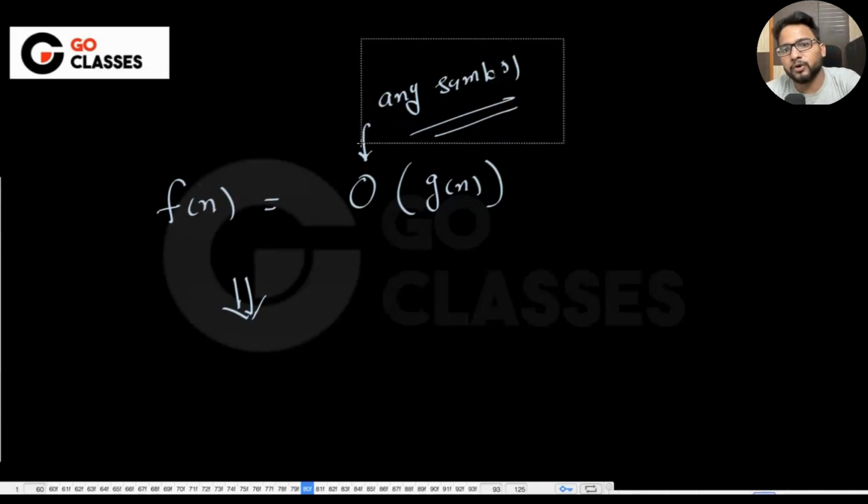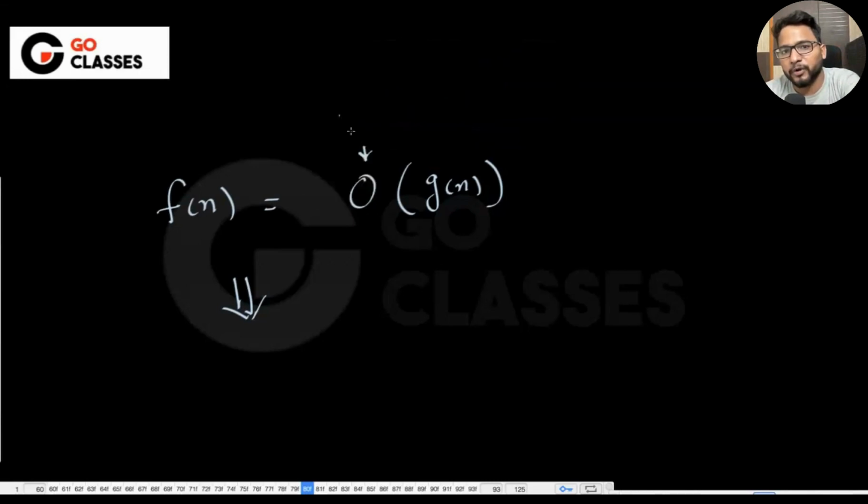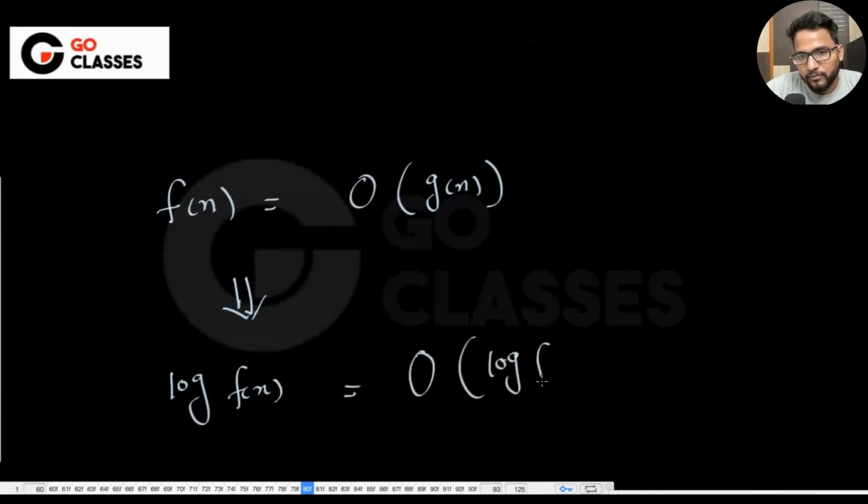You cannot have a small notation. So either you write big O or theta or big omega. Anyway, let me just take the big O only. So after the log also the relationship holds. But if you are having this, then this is not true. Okay.